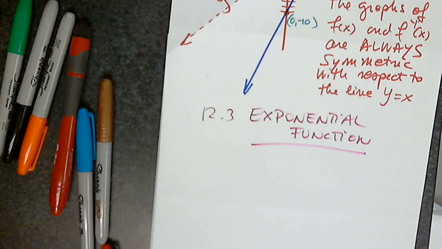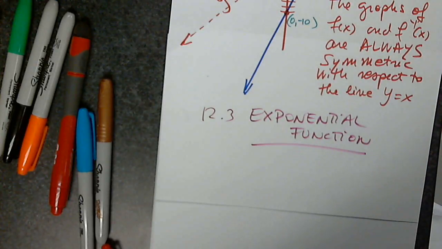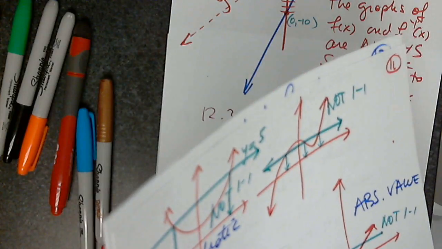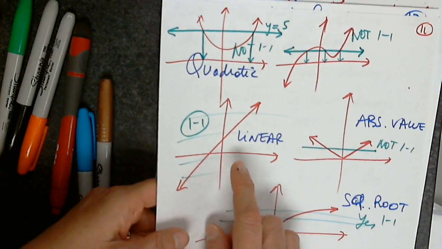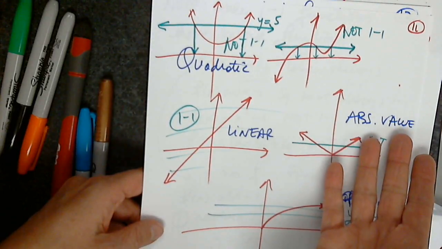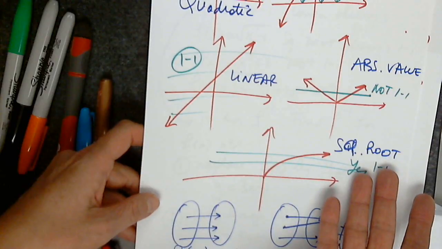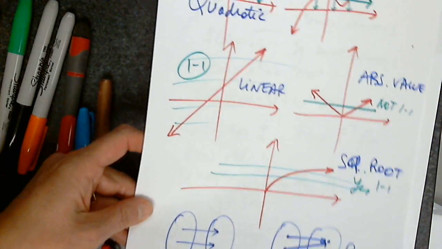First question I have is, going back to these graphs. A few minutes ago we listed a bunch of graphs. Why is this called linear? Because it's a line. Why is this called absolute value? Because. Why is this called a square root? Because it has a square root.